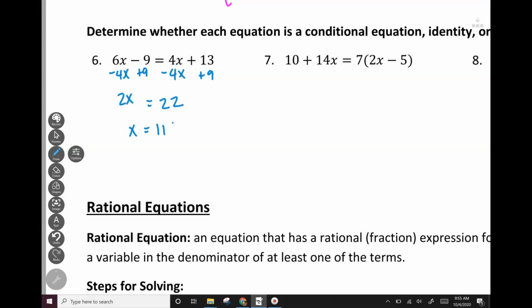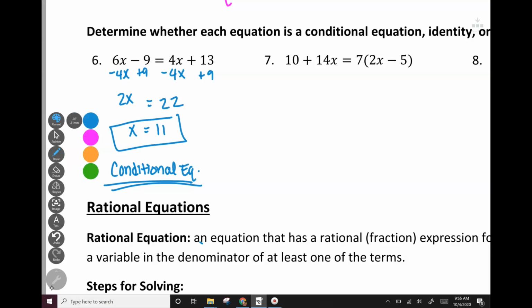Okay, so because I was able to solve that and actually get one single value, that is a solution. This is a conditional equation. All right, let's look at the next one.